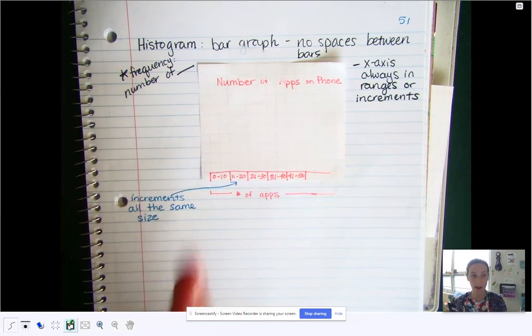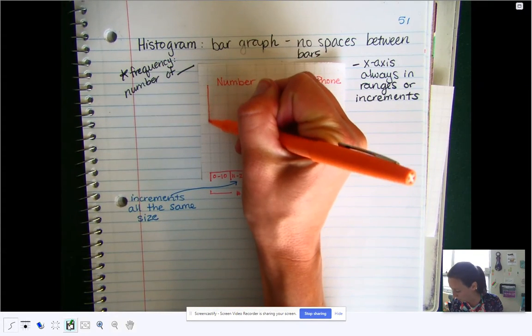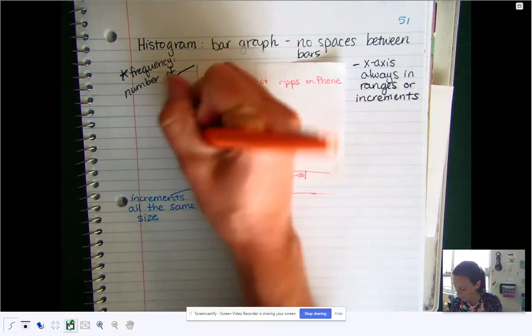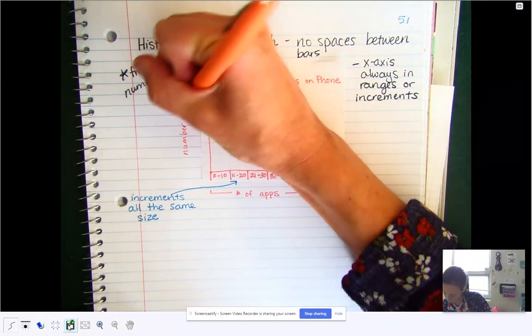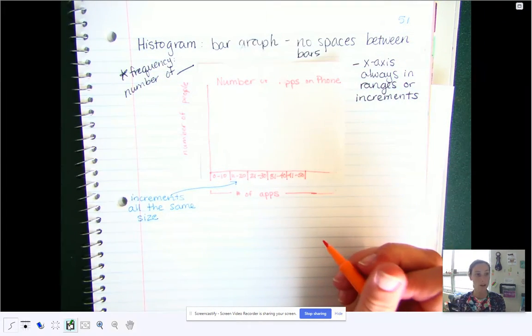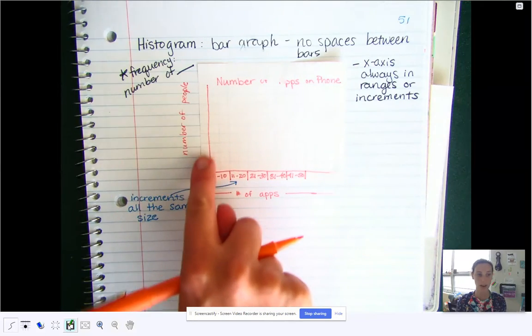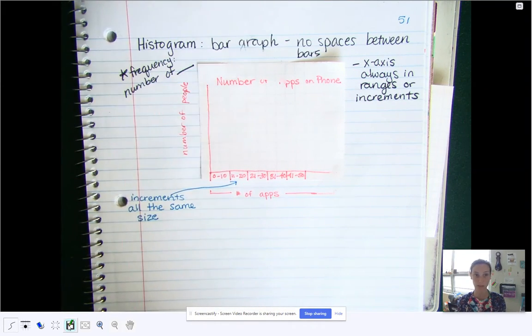Okay, the y-axis then is going to be our frequency. So this is going to be the number of people that had that many apps. And often you're going to have a scale that doesn't count by ones just because the numbers might be big.